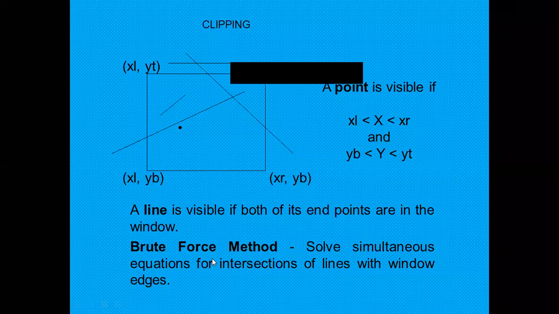So in this case we will clip the portion of the segment which is lying outside the window. Whatever portion lies outside the window, we will reject that. For that we will use the brute force method. So we will check with the edges of the window whether it is intersecting or not.